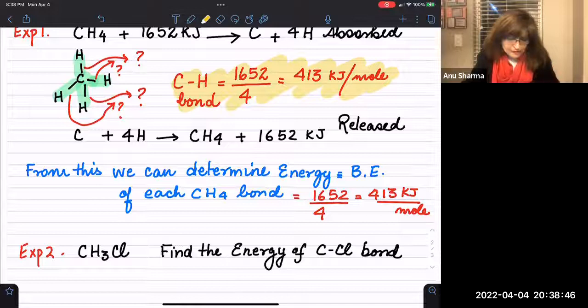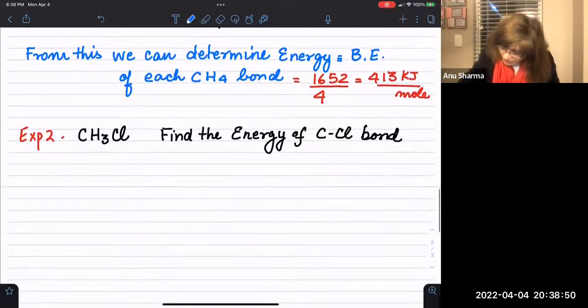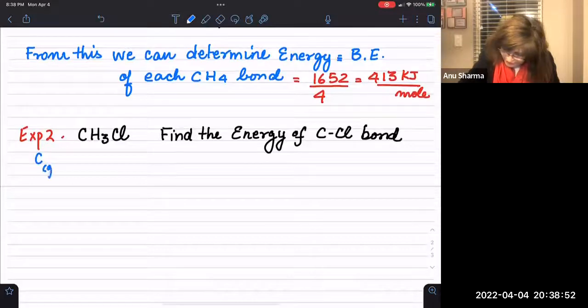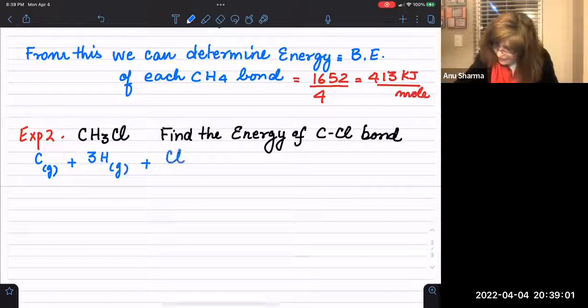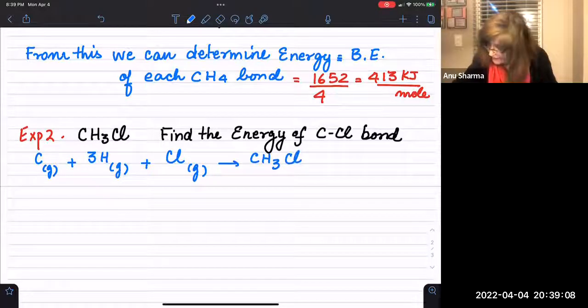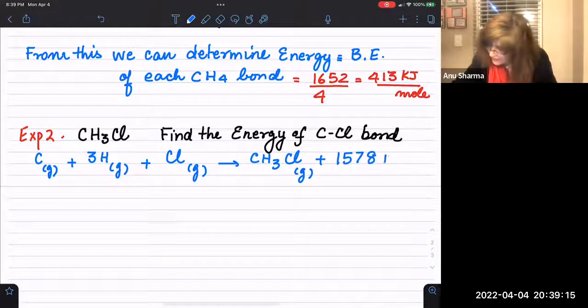So here, what is given to you? This is given: 1 carbon in gaseous form reacting with 3 hydrogens, also in gaseous form, and 1 atom of chlorine in gaseous form, and this gives you CH3Cl in gaseous form, and it is going to release 1578 kilojoules per mole.